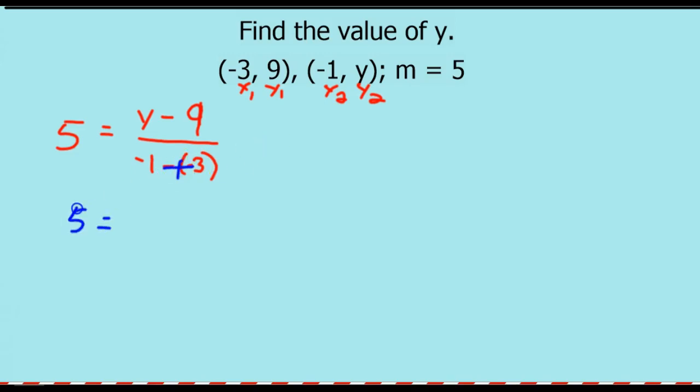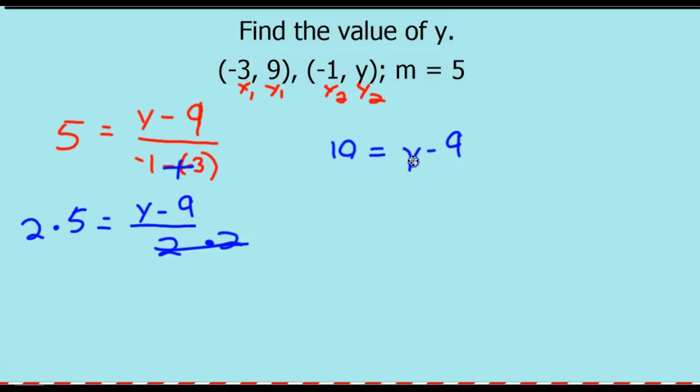So we get 5 equals y minus 9 over negative 1 plus 3, which is 2. I'm trying to get y by itself, so I need to get rid of this 2 first. Now it's being divided, so I know I can multiply it by both sides. 2 times 5 is 10, equals y minus 9. Get y by itself by adding 9 to both sides. Ten plus 9 is 19, so y equals 19.